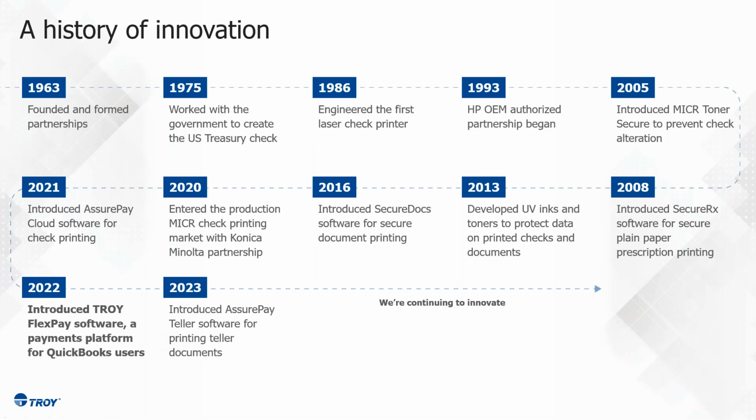And as far as our history of innovation in developing partnerships, as you can see here are a few key milestones over time, starting in 1963 with Troy's founding. 1975, the collaboration with the Fed to create the US Treasury check. 1993, becoming the only HP OEM authorized partner that can modify and resell HP printers with additional security features. 2021, the launch of our SurePay cloud product, which is a check printing software for medium to large sized businesses.